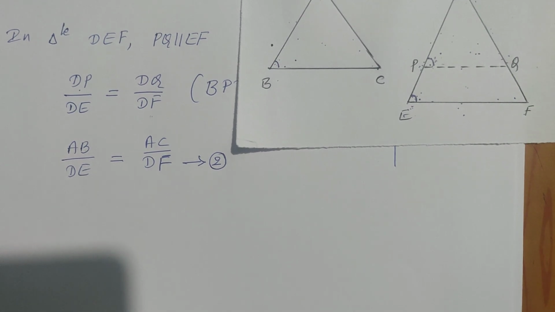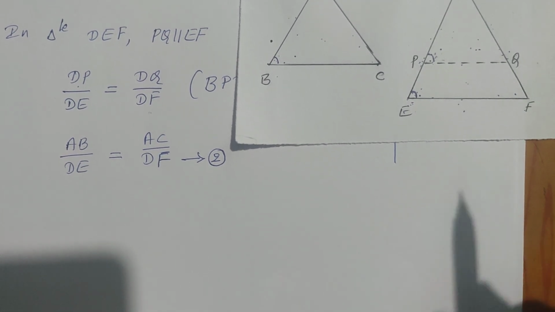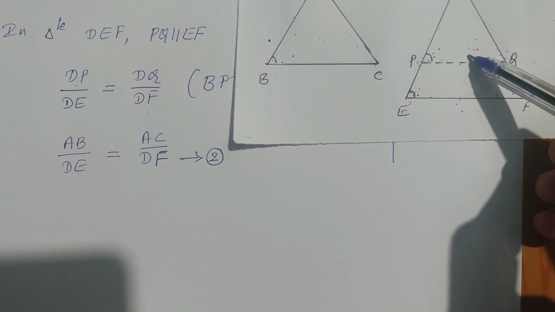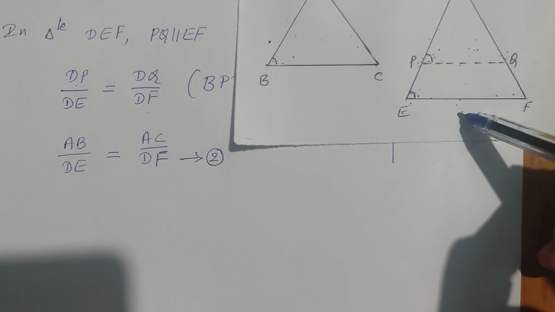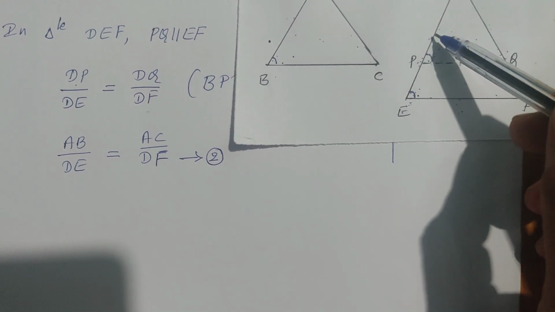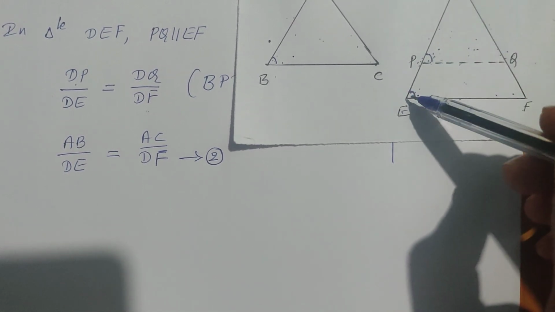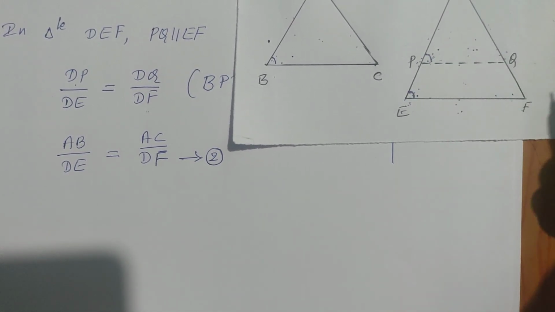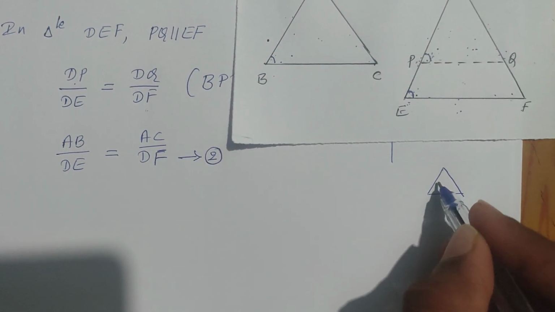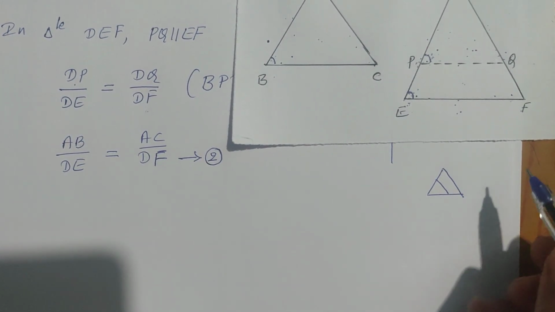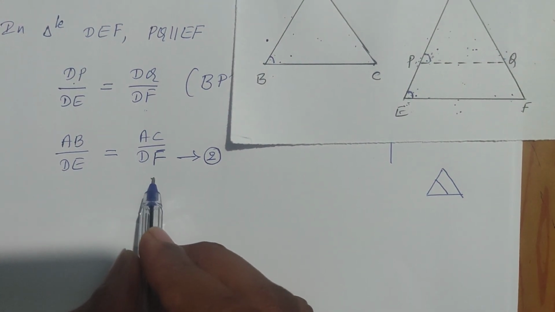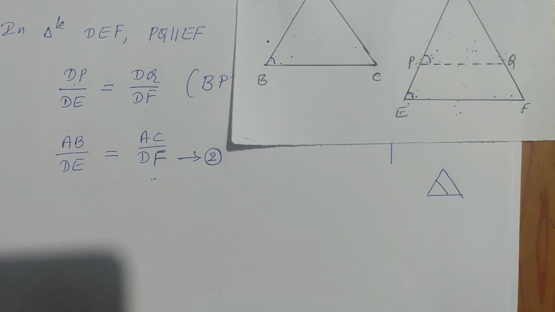Now just imagine if we draw this line PQ which is parallel to EF. By drawing like this, if we draw this to DE and EF, like this, the equation 2 is changed.